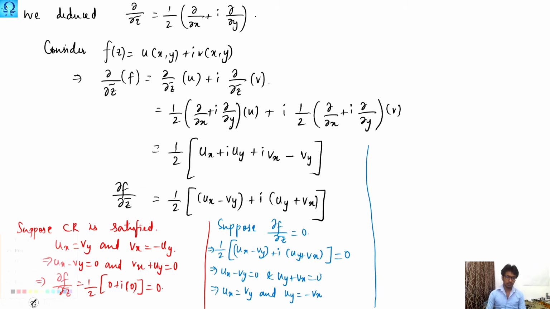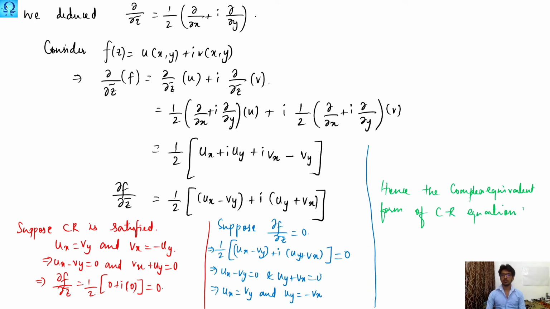So from these two things, what we conclude is that the complex equivalent form of the CR equation is del f upon del z bar equal to 0. Suppose you are given some function f equal to z cube plus z bar, or equations of this sort.